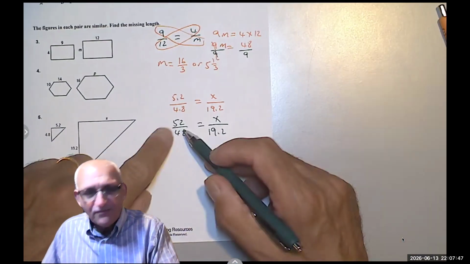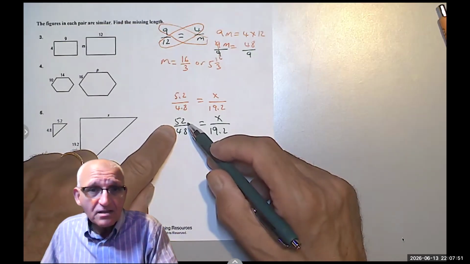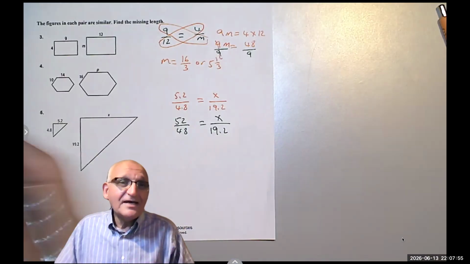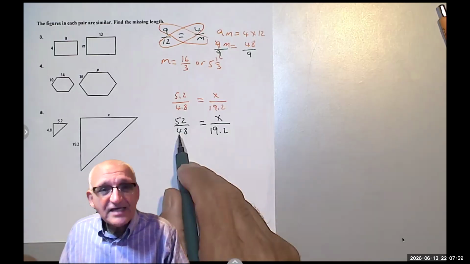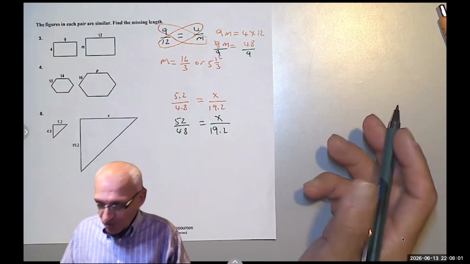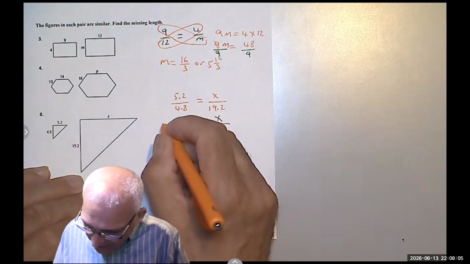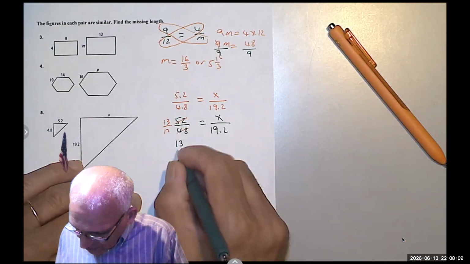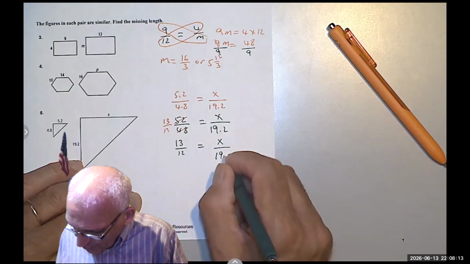We know that we have 4 suits in playing cards, and each one is 13. So we have 52 cards. We know that 52 is 13 times 4, right? And 48 is 4 less, so it's 12 times 4. So I could have divided by 4 and said 13 over 12. So I say 13 over 12 equals x over 19.2.